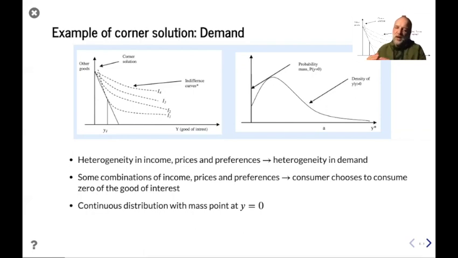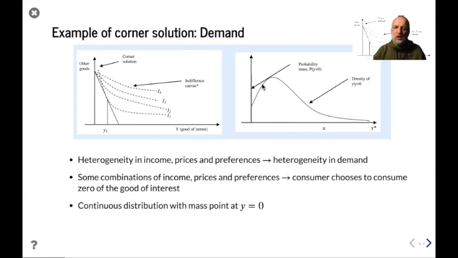And if you have a smooth distribution of preferences or some variation in prices, you're actually going to have a mass point where a lot of people with different preferences are all going to have demand equal to 0. It's not really that clear here, but I was trying to illustrate that there was a mass point here, probably mass at y equal to 0.